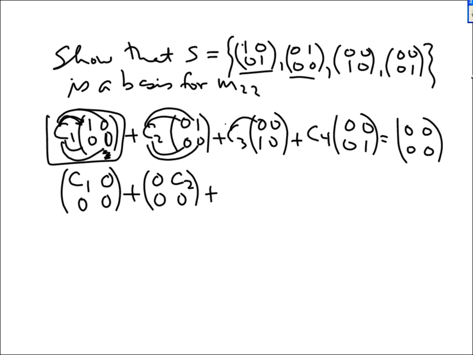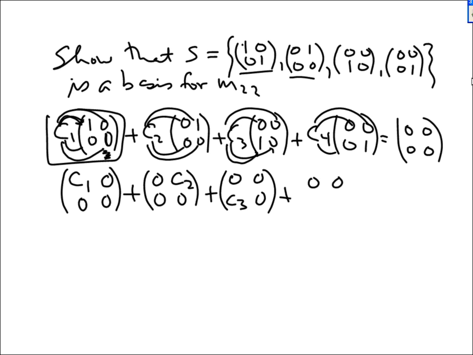Plus C3 times 0, C3 times another 0, C3 times yet another 0. This C3 times 1 is C3. Plus C4 times those zeros are 0. C4 times 0 is still 0. C4 times 1 is C4. And it still equals the right-hand side.